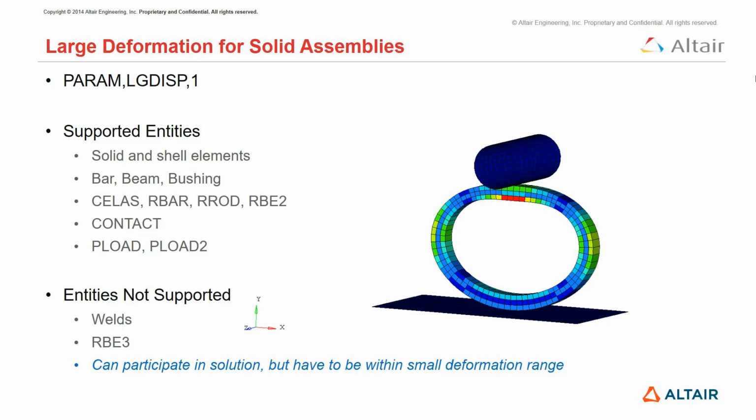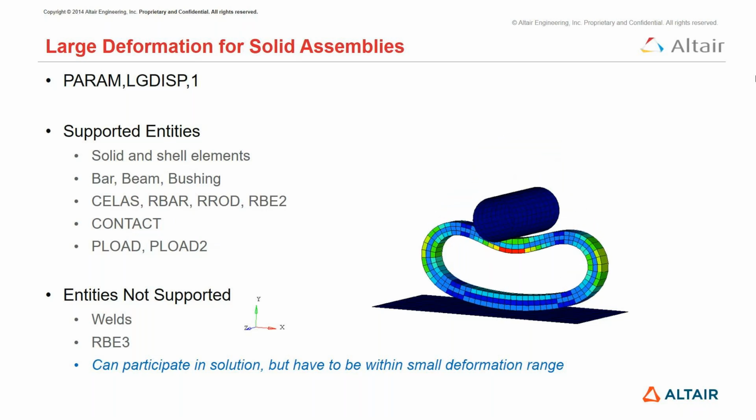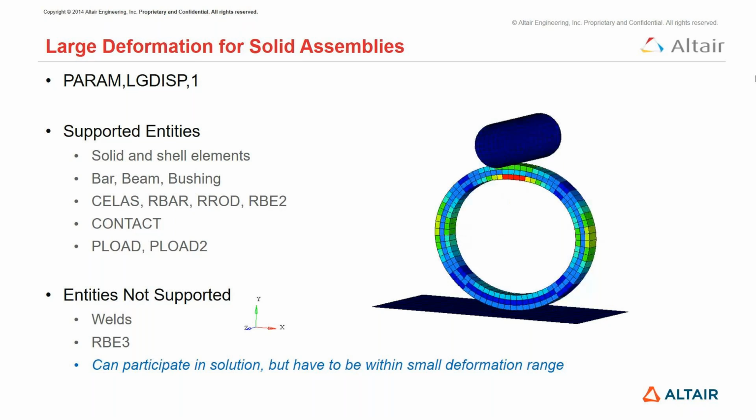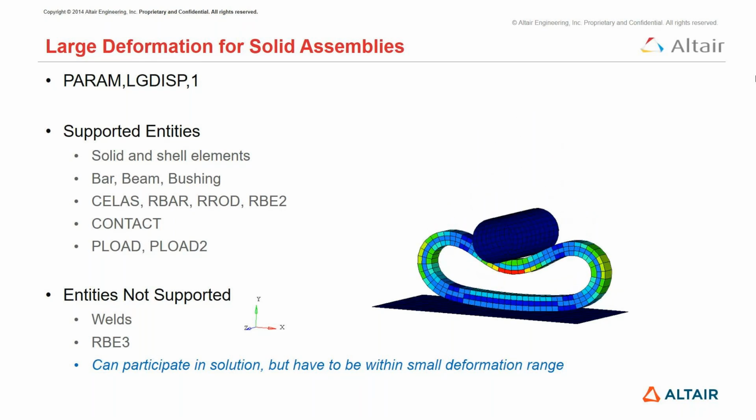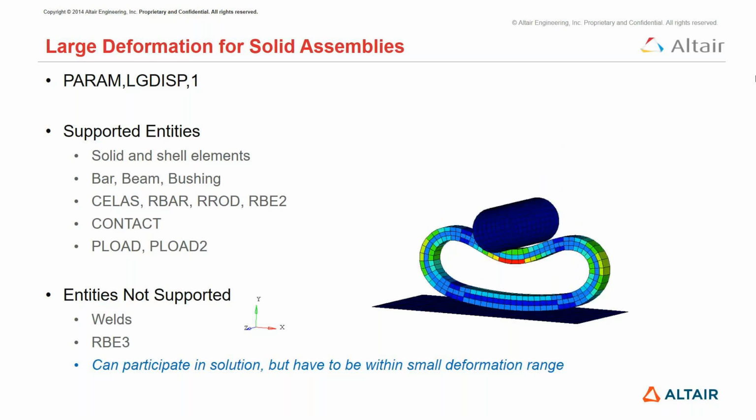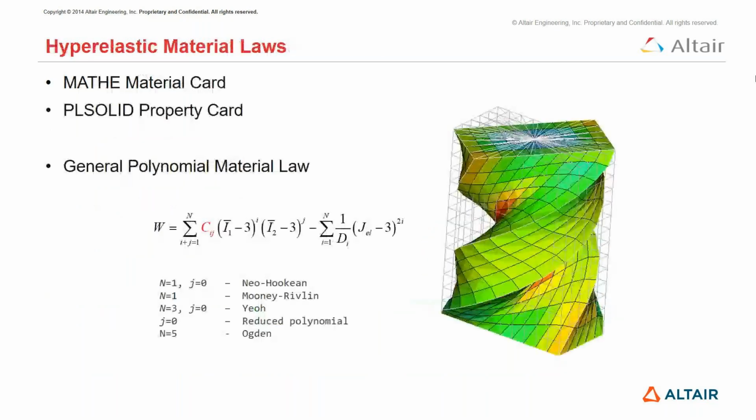And it supports all types of elements like solid element, shell element, beam element, bar element, bushing element, contact, and payload, etc. Hyperelastic material, it supports neo-Hookean, Mooney-Rivlin, Yeoh material model, reduced polynomial, Ogden material model, and so on.